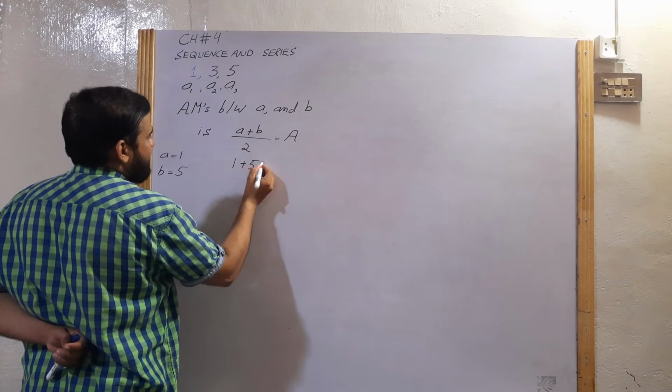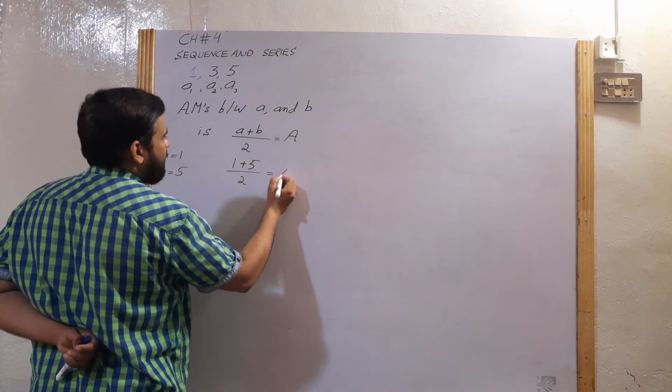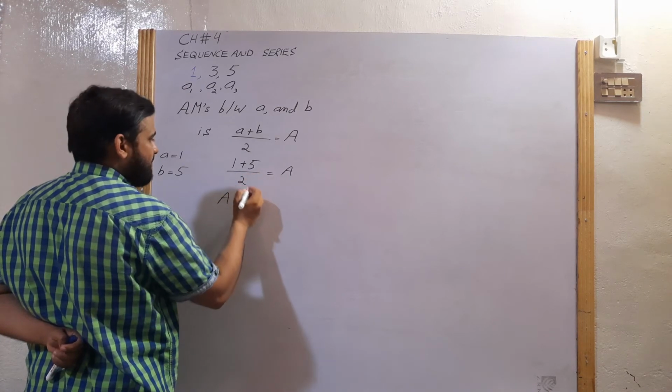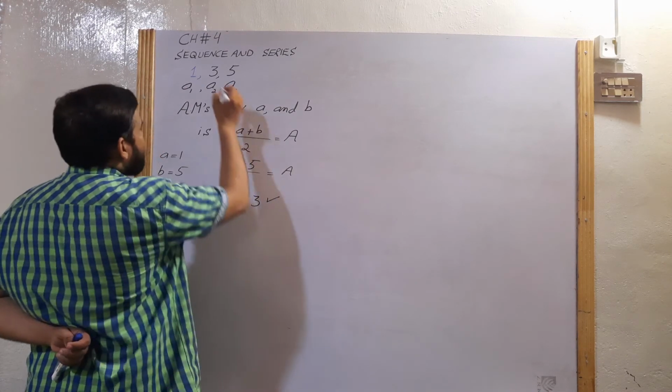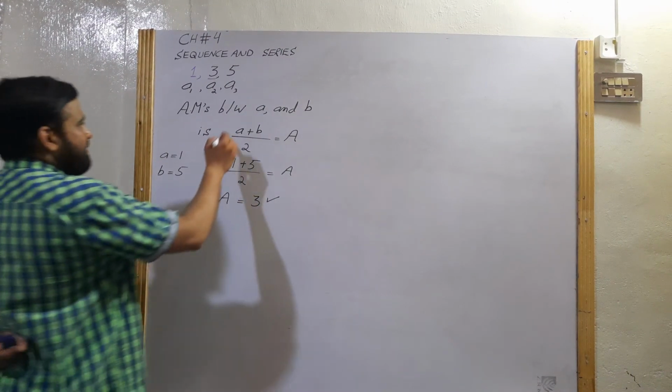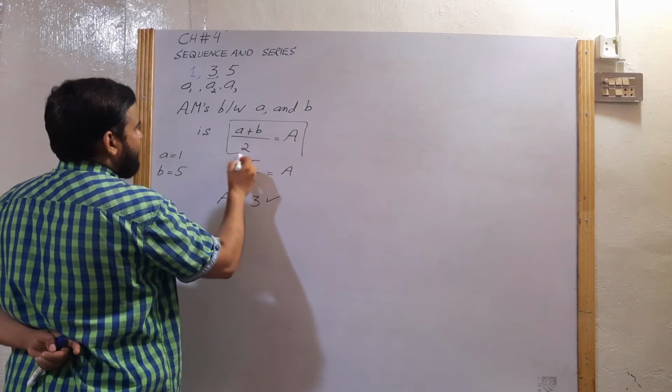So A is 1 plus 5, which is 6, divided by 2, and it is clearly 3. That is the arithmetic mean between 1 and 5, and it is the formula for the arithmetic mean between two numbers.